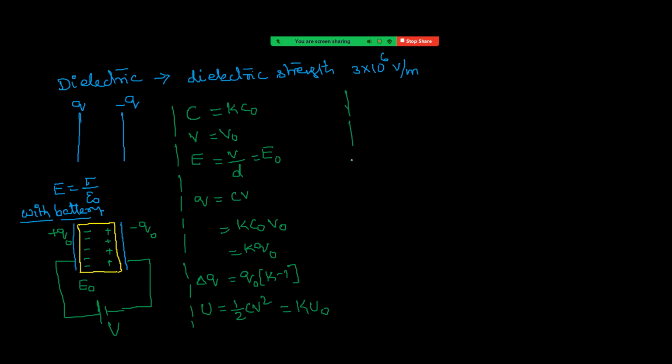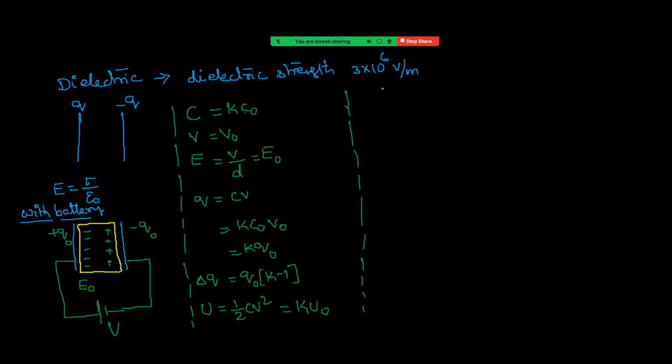So the starting point is the definition of dielectric constant: capacitance after inserting the dielectric upon capacitance before inserting the dielectric, so capacitance becomes K times. From there we get all the remaining quantities: more charge, same potential difference, same field. Okay, right.